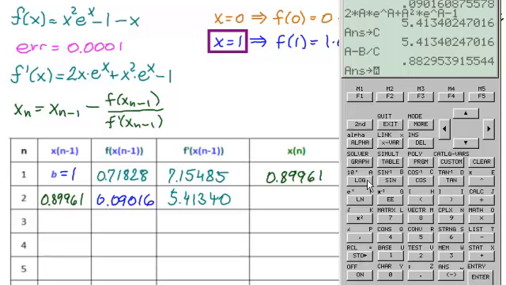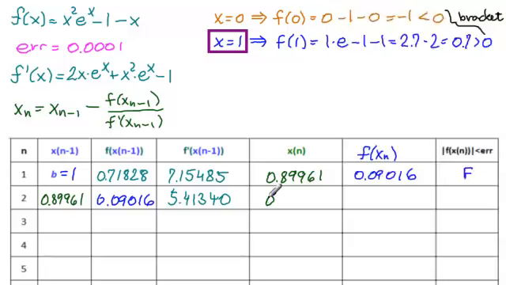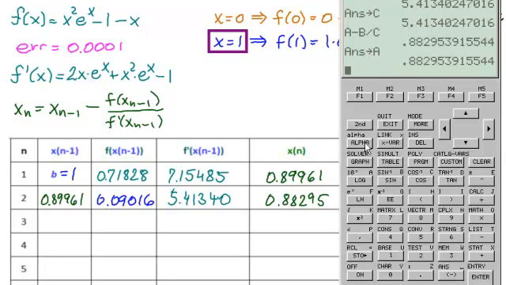We put that into A now. That's our new A. And write it down here. 0.88295. Now we want the function value for that. So alpha A squared times second ln alpha A minus 1 minus alpha A.